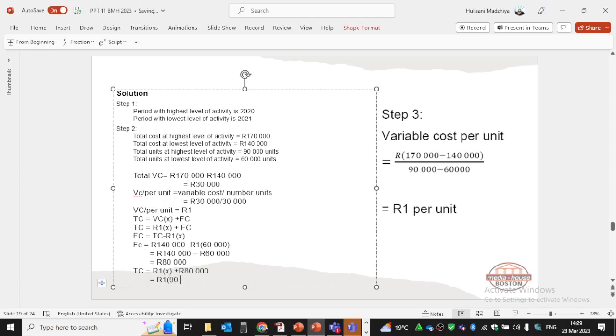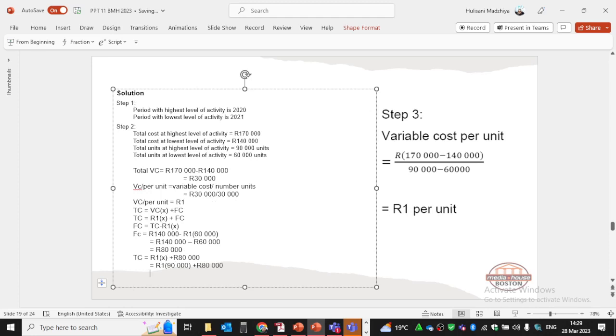If we produce 90,000 units, it's 1 rand multiplied by 90,000 units plus 80,000. When you add all of this together, it gives you 170,000. So now you have an equation to estimate total cost: total cost equals 1 rand X plus 80,000, which is the fixed cost.